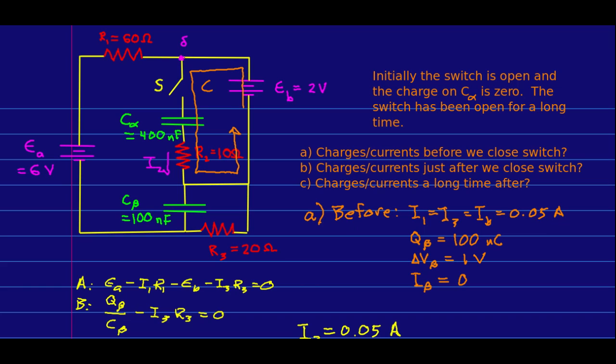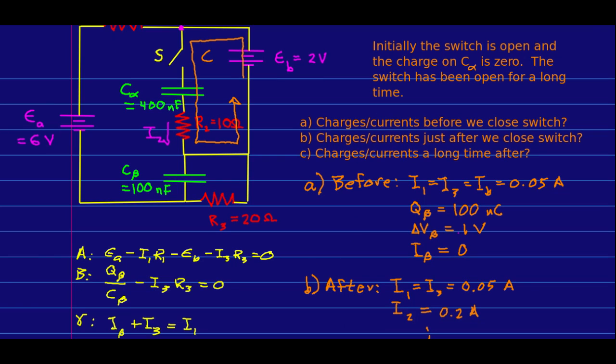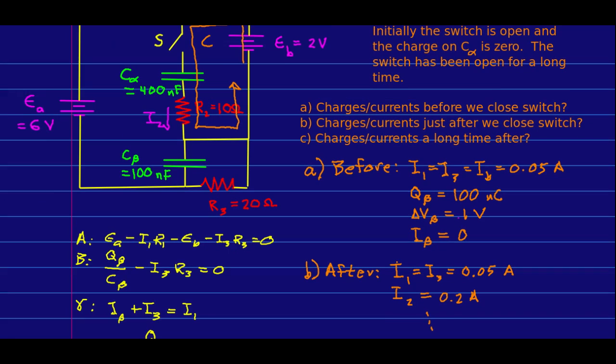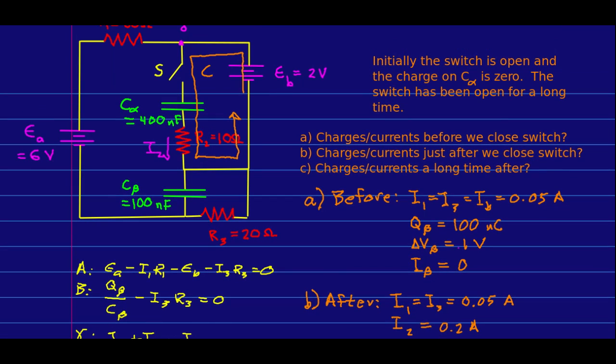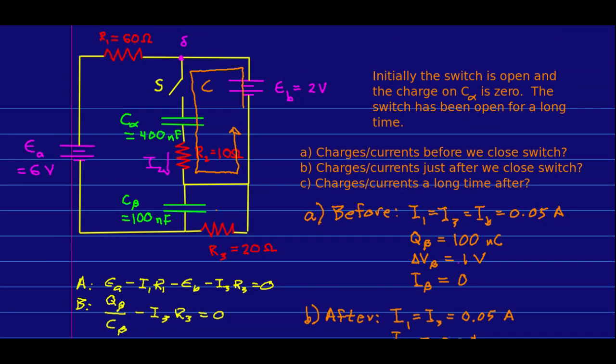And so I could use that junction to get the current through this battery, and I could then work through other junctions and find all the currents. So I've summarized the results from just after closing the switch with a table, showing that I have a strategy for the rest. Just working through a bunch of junctions will get me all the rest of the currents.